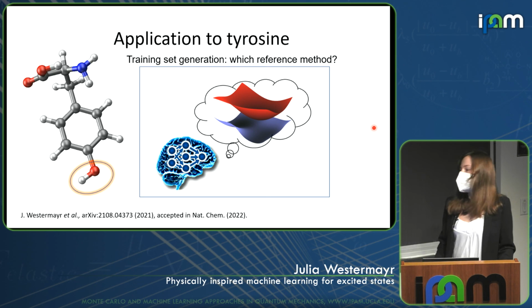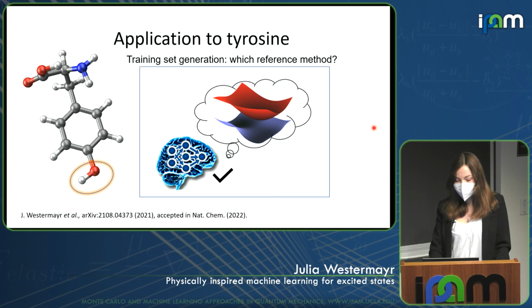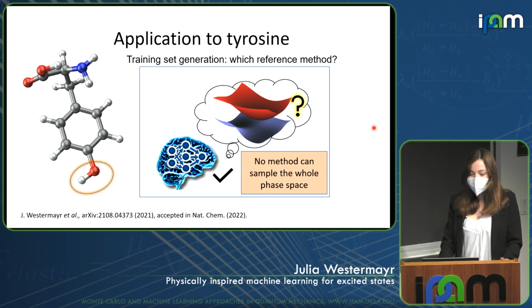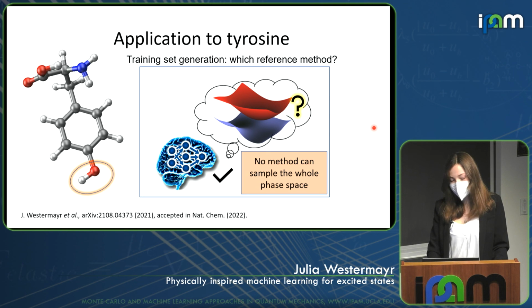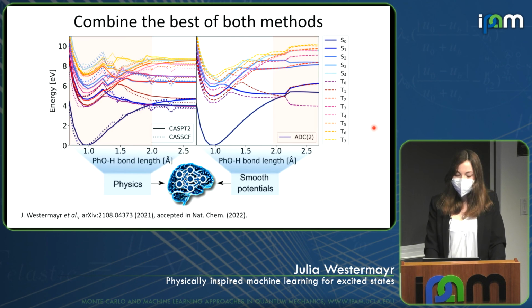So what we were basically left with was a machine learning setup that finally worked, but we couldn't use it for any system other than small models. And we didn't know where to get the potential. And no matter which method we tested, we couldn't sample the whole phase space that was relevant for the dynamics. And this was a bit frustrating, but after some brainstorming, we got to the conclusion that we should just create a training set where we combine different methods and adjust them such that they are physically correct.